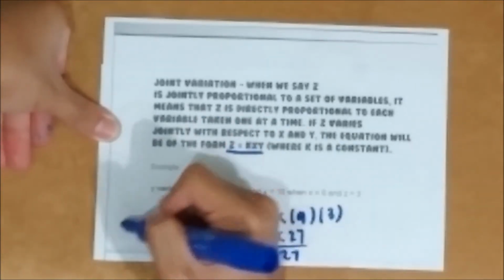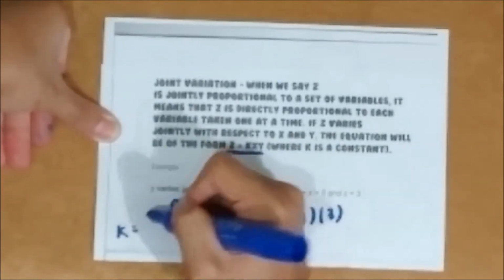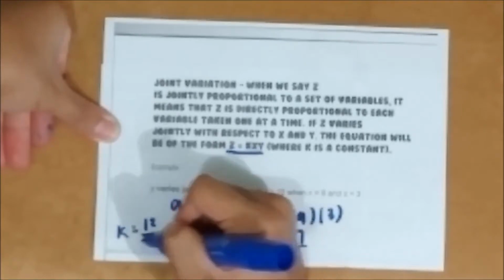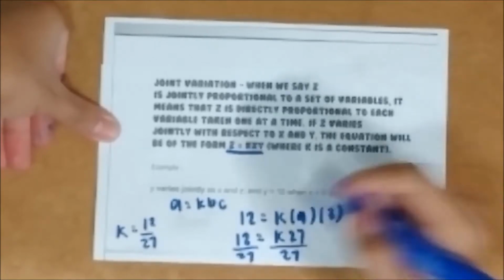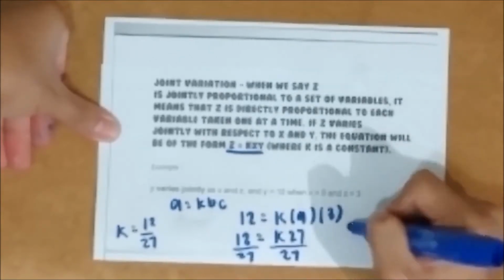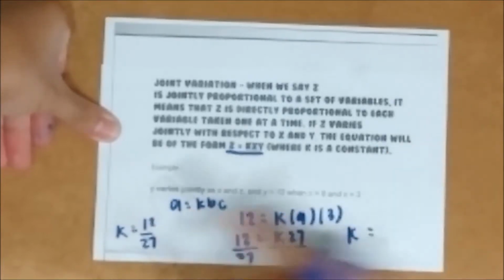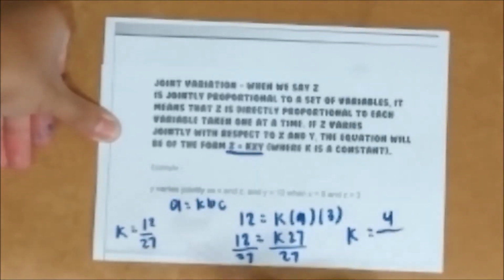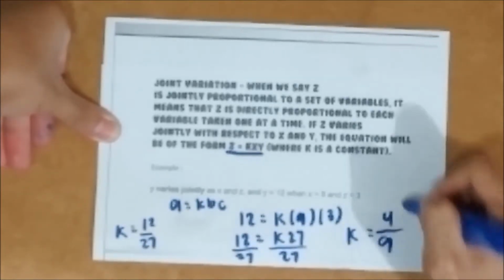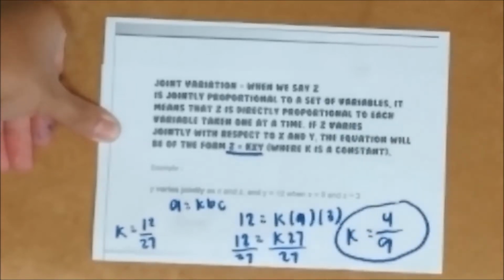Therefore, k is 12 over 27. And now you can simplify it. 12 divided by 3 is 4, then 27 divided by 3 is 9. So there. K is equal to 4 over 9.